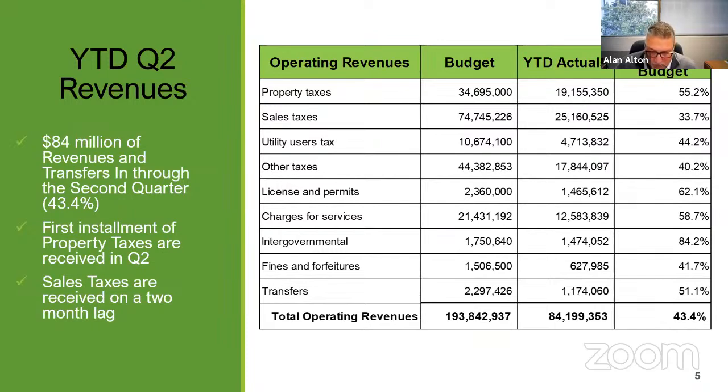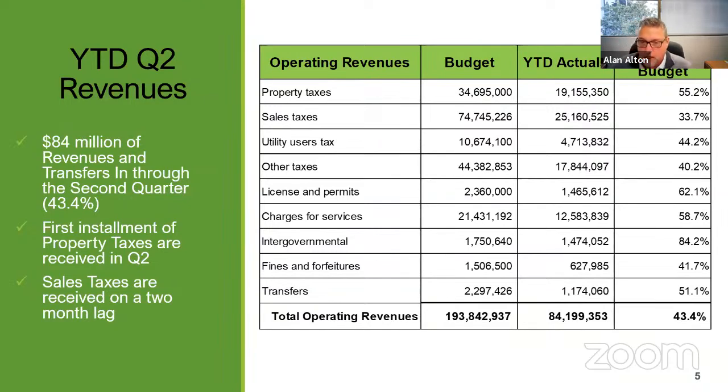Fines and forfeiture is coming in a little bit lower. This is largely parking violation revenue, and right now we're low on that. So it's something that we watch, but again, we're not too worried about impacts to the general fund, as it's not a major revenue source there. And transfers in are just where we bring transfers in.